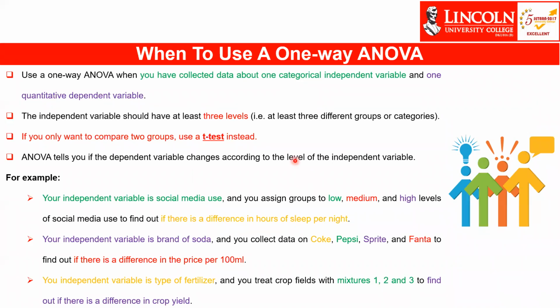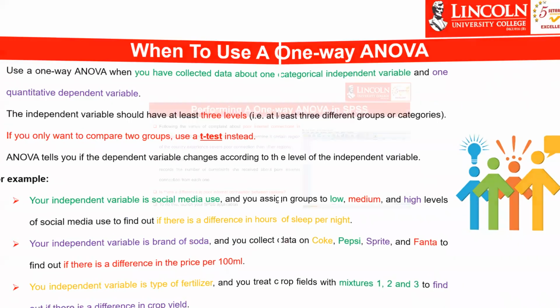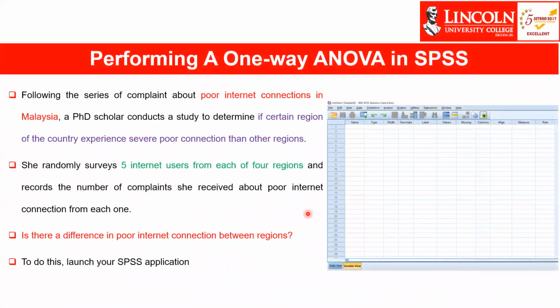Now, how do we perform this test on SPSS? Let's look at this example. Following the series of complaints about poor internet connection in Malaysia, just an example, I'm not saying that, of course, some parts may be experiencing this, but this is just for illustration purposes, okay?